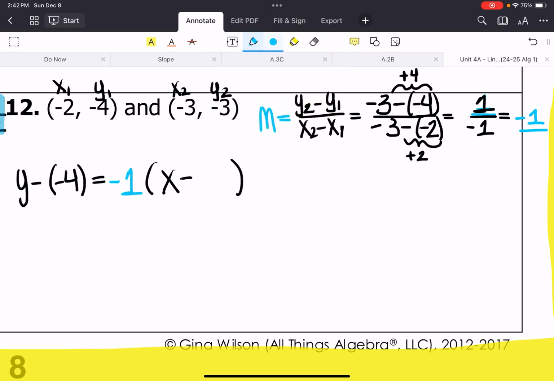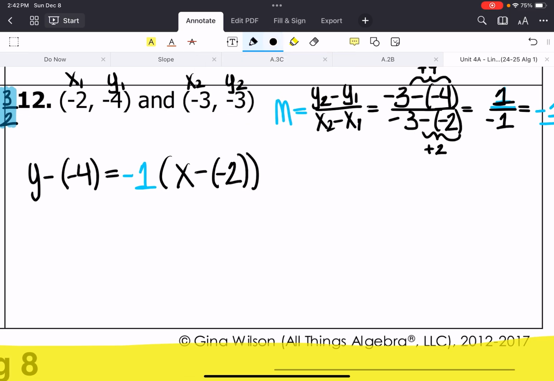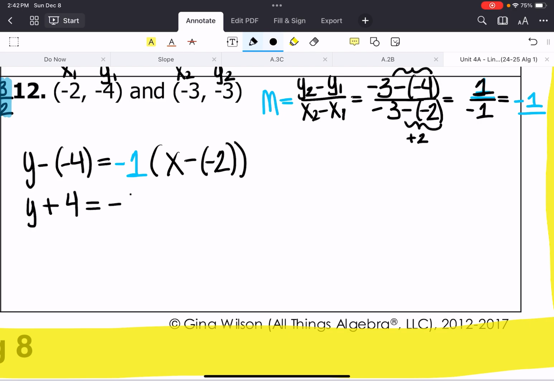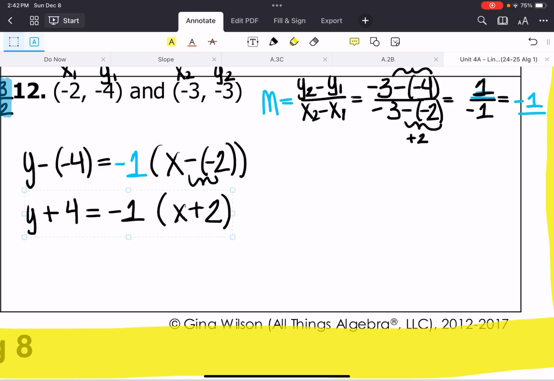And x1 is negative 2. Notice we have double negatives. So we're going to go ahead and simplify it. A negative times a negative gives me a positive. Same thing over here. A negative times a negative gives me a positive.